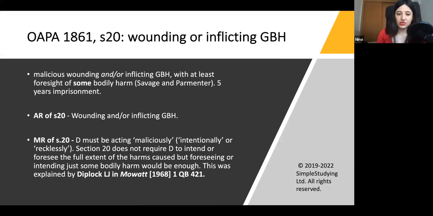Section 20 does not require the defendant to intend or foresee the full extent of the harm, but just some bodily harm would be enough. This was explained by Diplock in Mowat. Make sure that you cite the relevant cases when you explain the actus reus and mens rea, if there are any cases that are relevant to the argument that you're making.